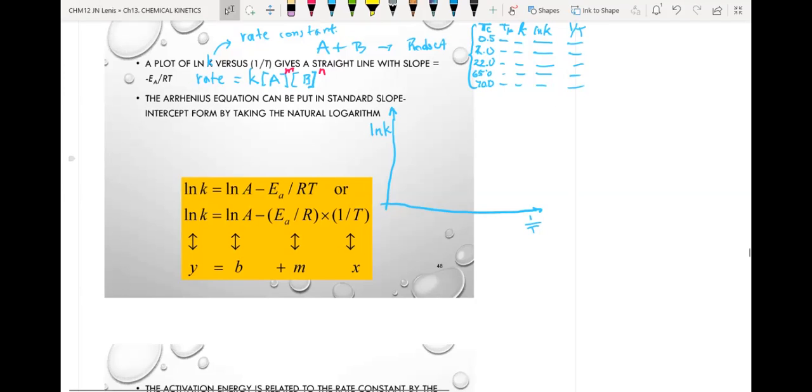And you will see a nice and beautiful straight line tendency with negative slope. So go in that direction.